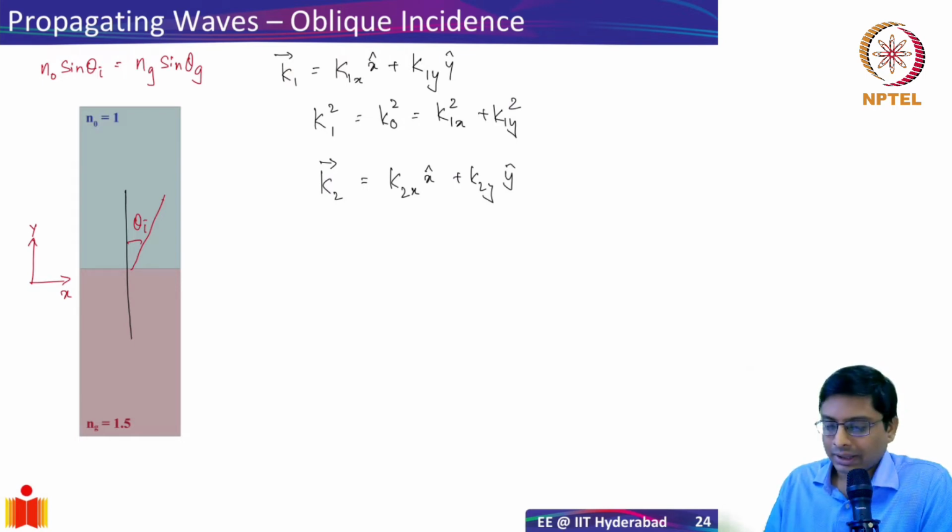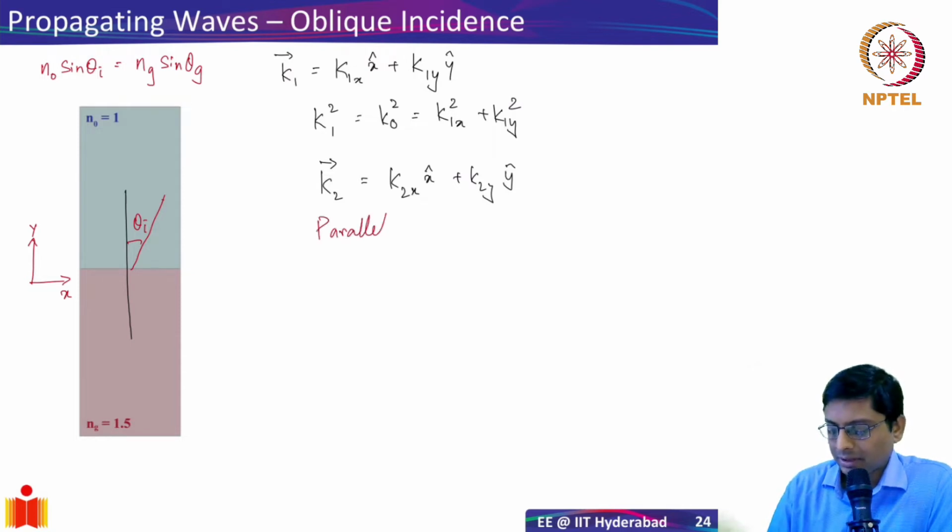To do that, we will use a simple symmetry law, which essentially says that the parallel component of the wave vector remains constant across an interface.